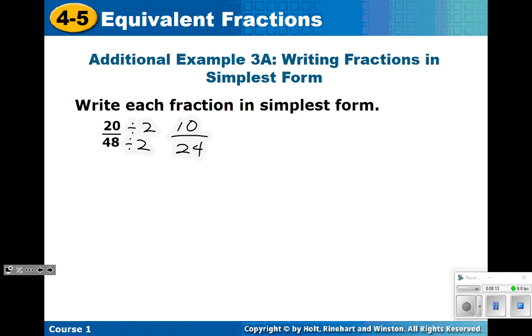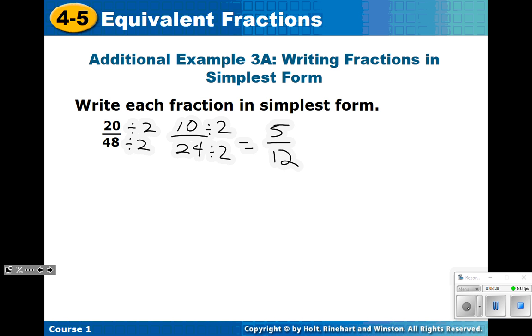If you listed the factors of 24, it would be 1, 2, 3, 4, 6, 8, 12, 24. Their greatest common factor still is 2. So we would still divide by 2, and you end up with 5 over 12.